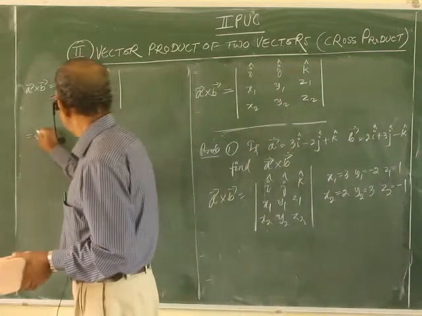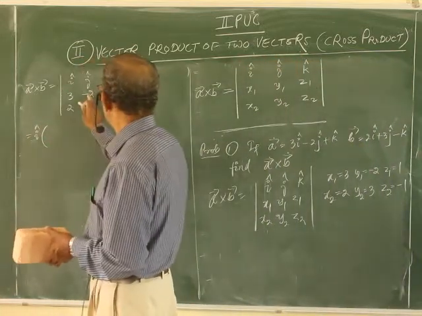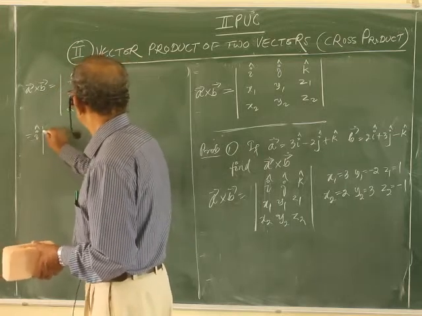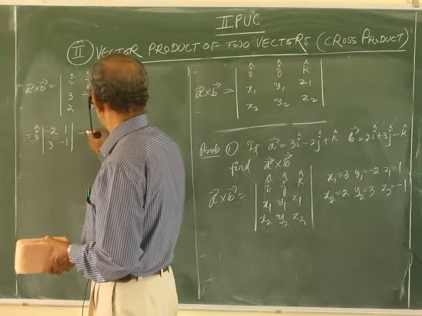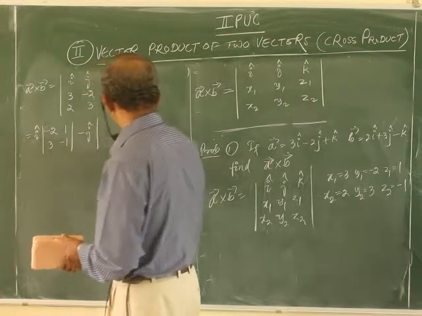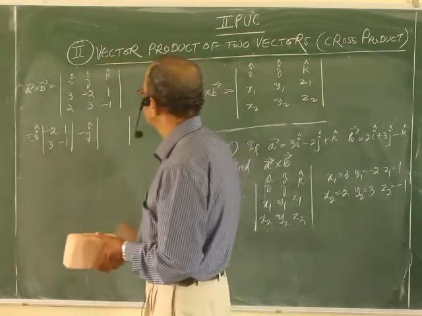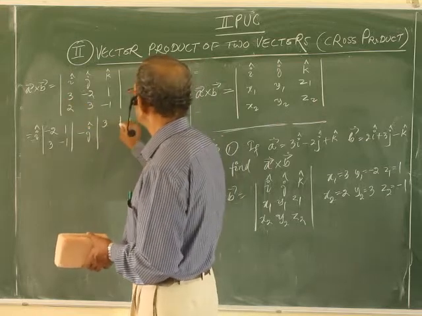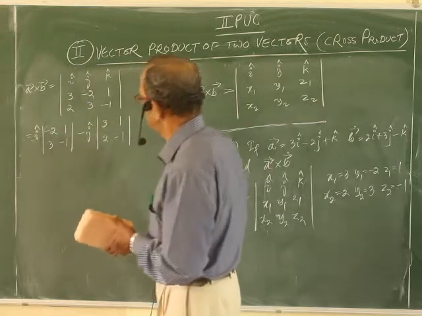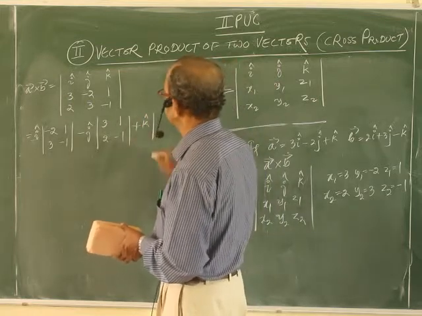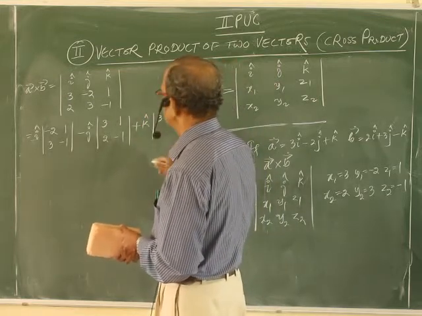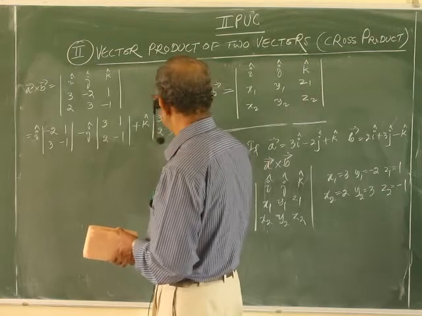Equal to I into minus 2, 1, 3, minus 1, minus j into 3, 1, 2, minus 1, plus k into 3, minus 2, 2, 3.